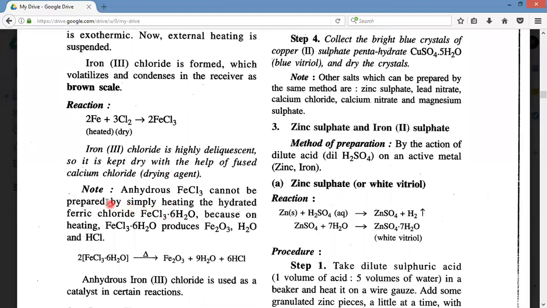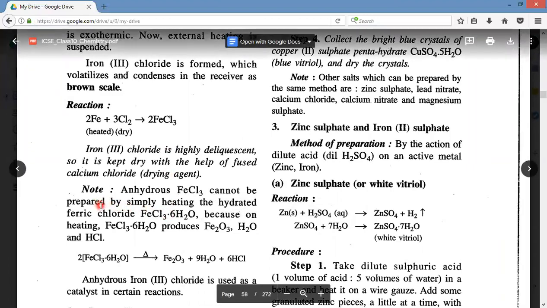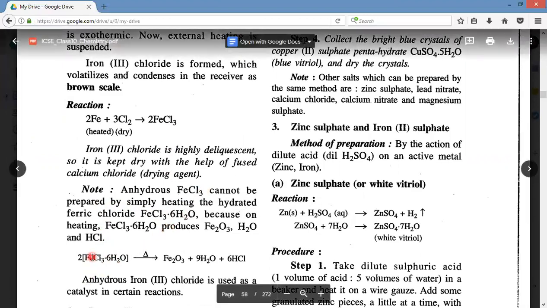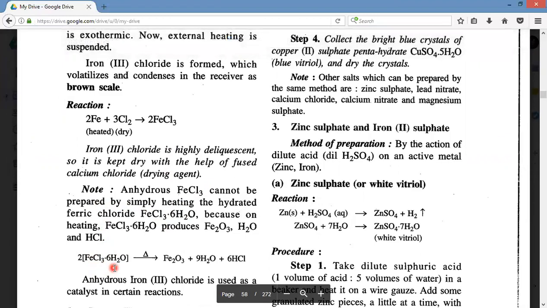Here one very important point is that we can't directly heat the iron chloride. The reason behind this is that when iron chloride hexahydrate is heated, it will decompose into Fe2O3 with 9 molecules of water and 6 molecules of HCl.